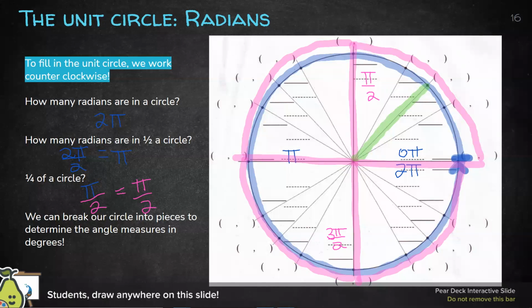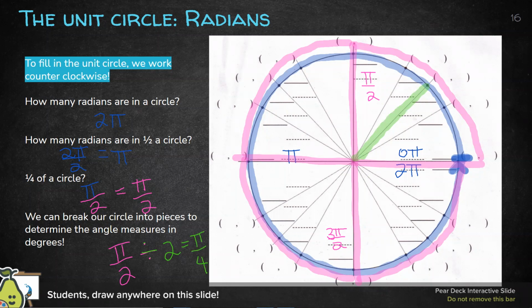So I'm really taking pi over 2 and I'm going to divide that by 2 to get that next radian measure, and that gives us pi over 4.